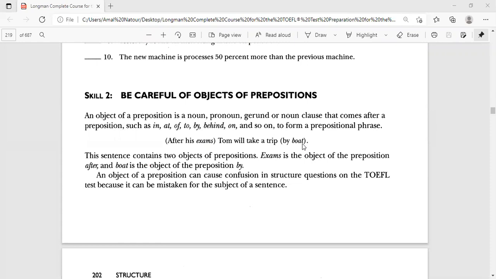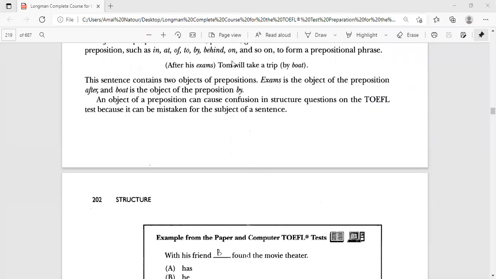Sometimes an object of preposition can cause confusion in structure questions on the TOEFL test, because it can be mistaken for the subject of a sentence. Sometimes you are mistaken by thinking that this noun is the subject of the sentence when it is not.